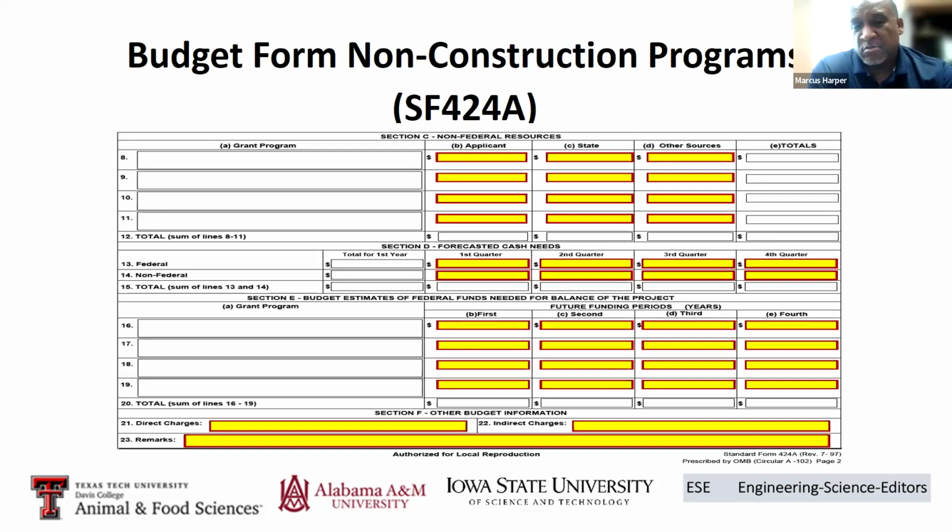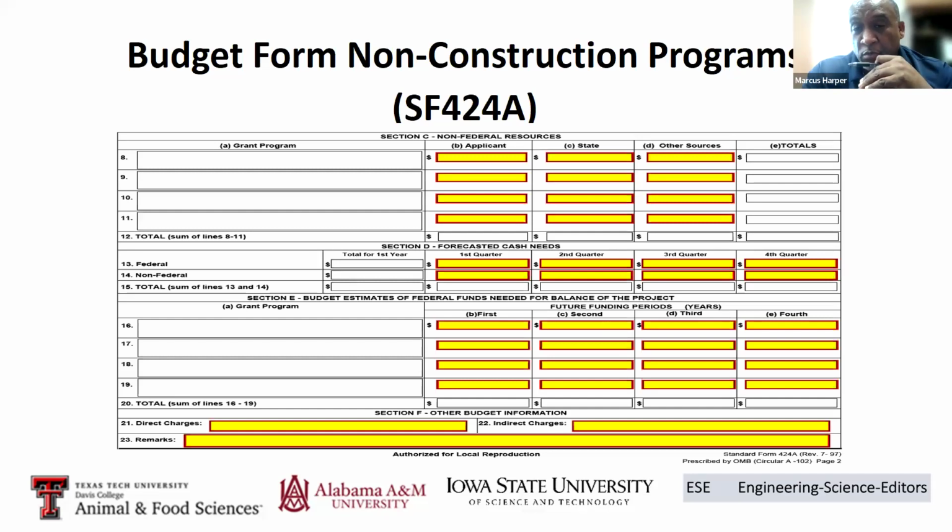Now, section D. Section D seems to throw a lot of professors off because they see forecasted cash needs, which automatically makes you think that this is something the county may need to know, may need to help with, but not necessarily. All you really have to do is take that same first year, because they're asking for the first year, and whatever cost you incur for the total year divided by 4.